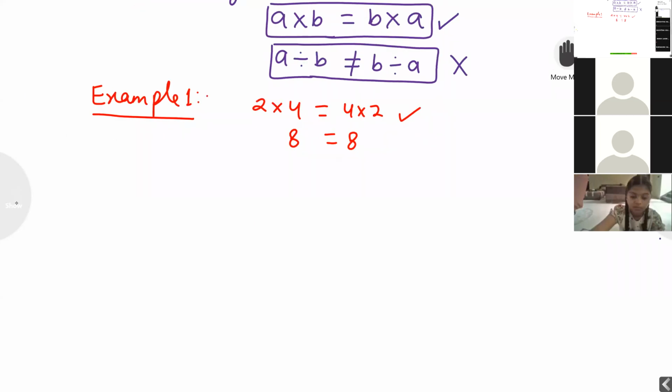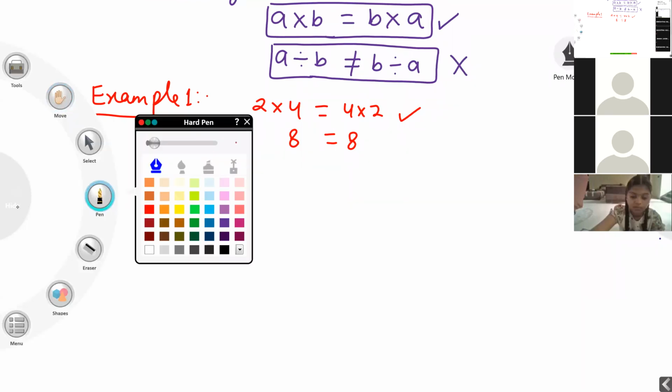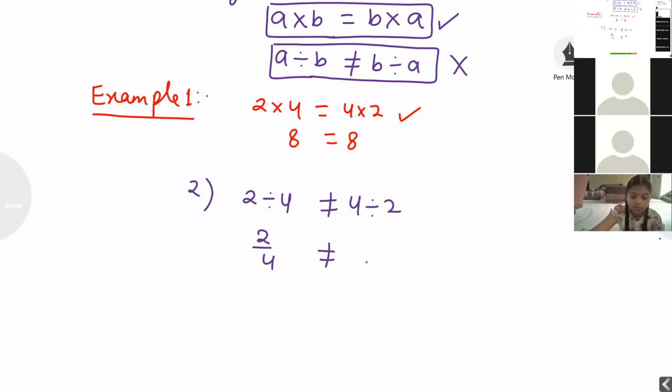I am taking second example. Second example I am writing, same value I am taking, don't worry. 2 divided by 4 is not equal to 4 divided by 2. 2 divided by 4 I can write like that. 4 divided by 2 I can write like that.